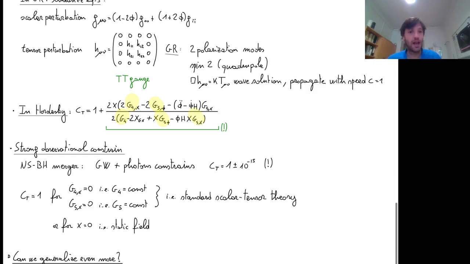And these constraints come from gravitational wave measurements. You know that in the past we have observed a merger between a neutron star and a black hole. Why do we have this fancy combination with a neutron star and a black hole? Why would a black hole merger not provide us with observational constraints?